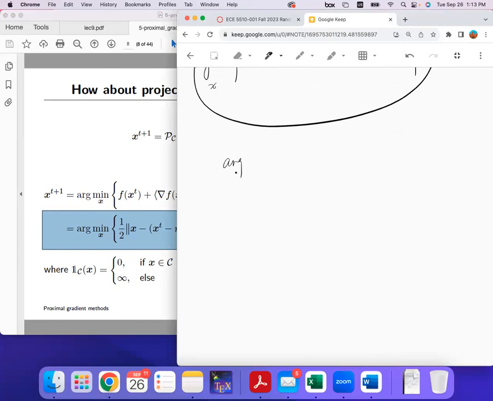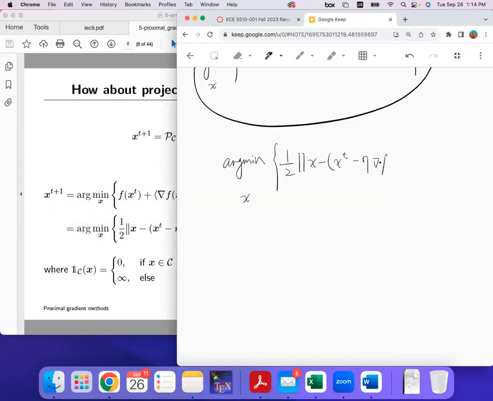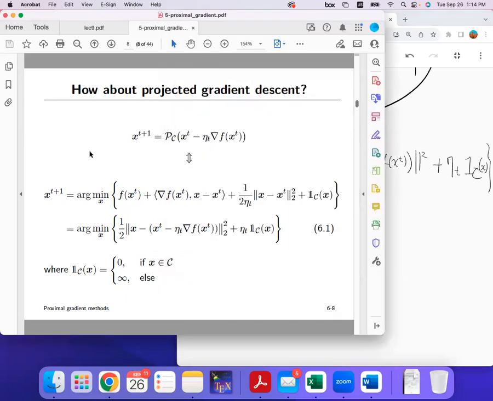It's argmin over x, plus the indicator function. Okay, this is projected gradient descent.